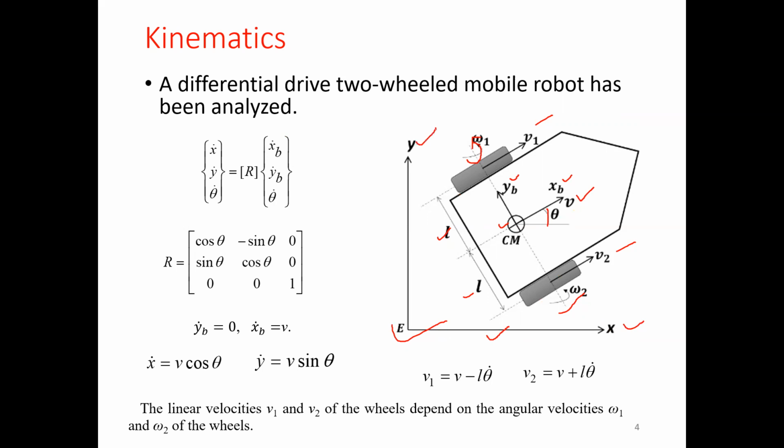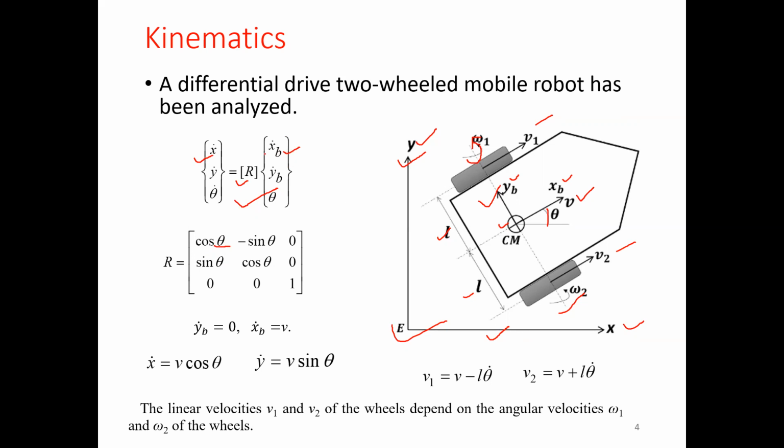The relation between this body fixed frame, which is moving with the robot, and the ground fixed frame is given by this relation, where these are the velocity in the inertial frame and the velocity in the body fixed frame. And R is a rotation matrix, which is defined in terms of the orientation of the robot, theta.